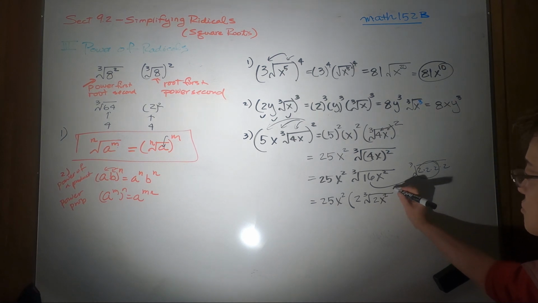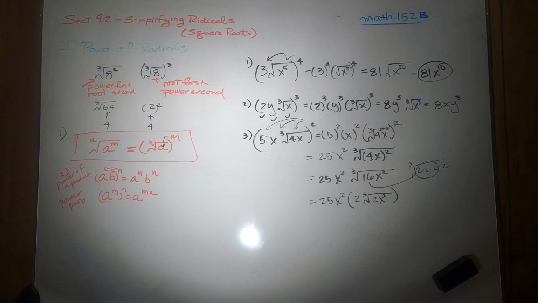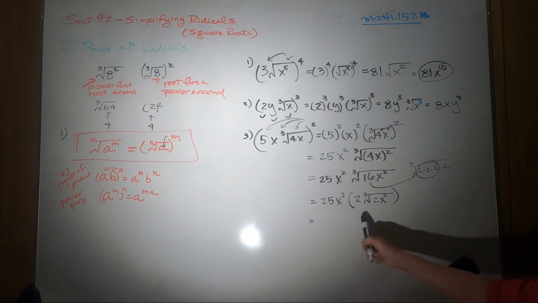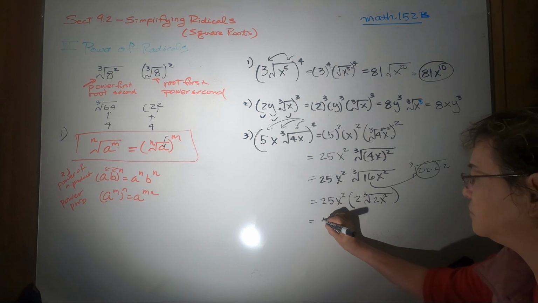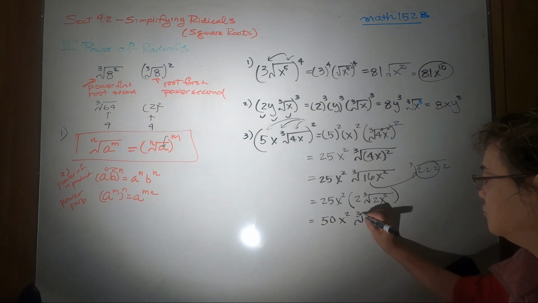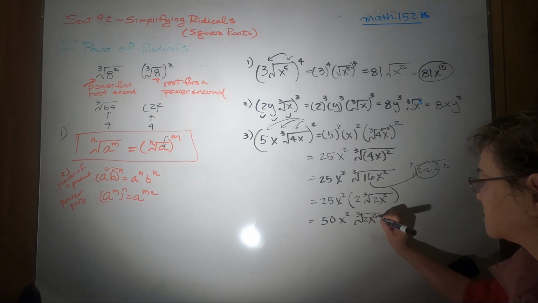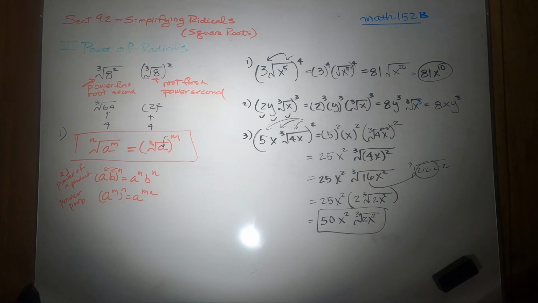Then x squared. You finish by putting together the 2 and 25, because they are multiplying. It becomes 50x squared times the cube root of 2x squared. So that would be your answer.